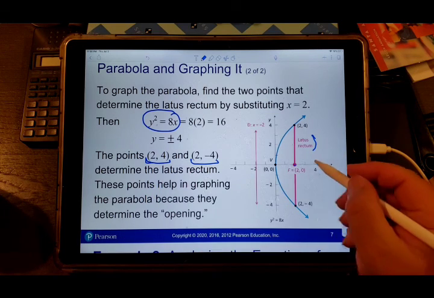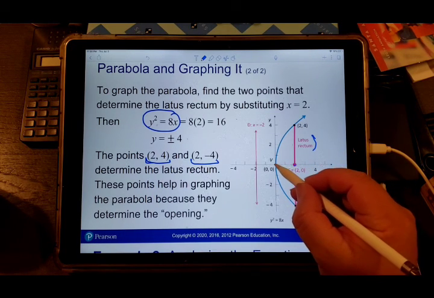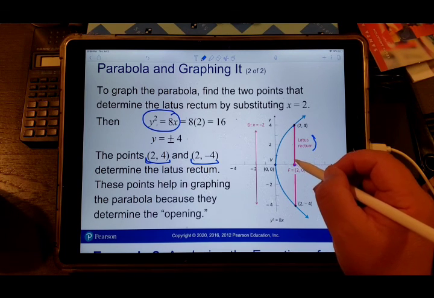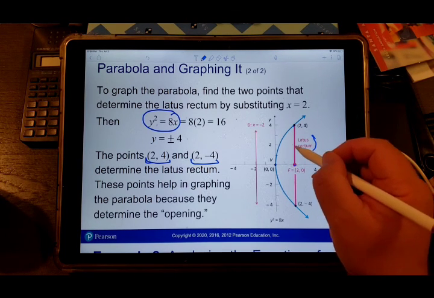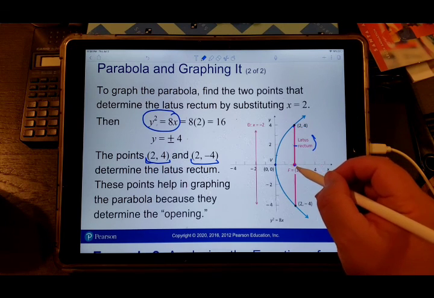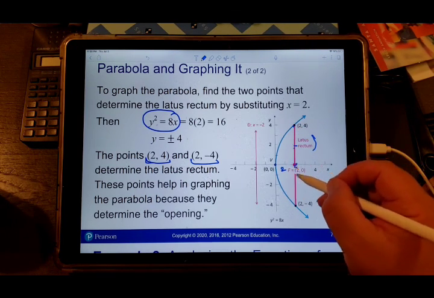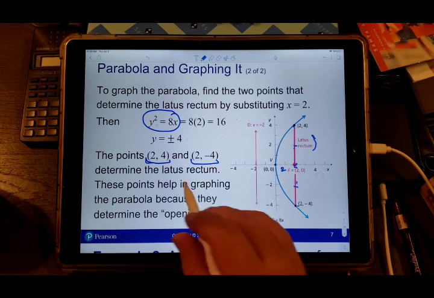Again, geometrically, once you know the focus, you go twice that in this direction. So if that's 2, I'm going to go 4 in this direction and 4 in that direction.